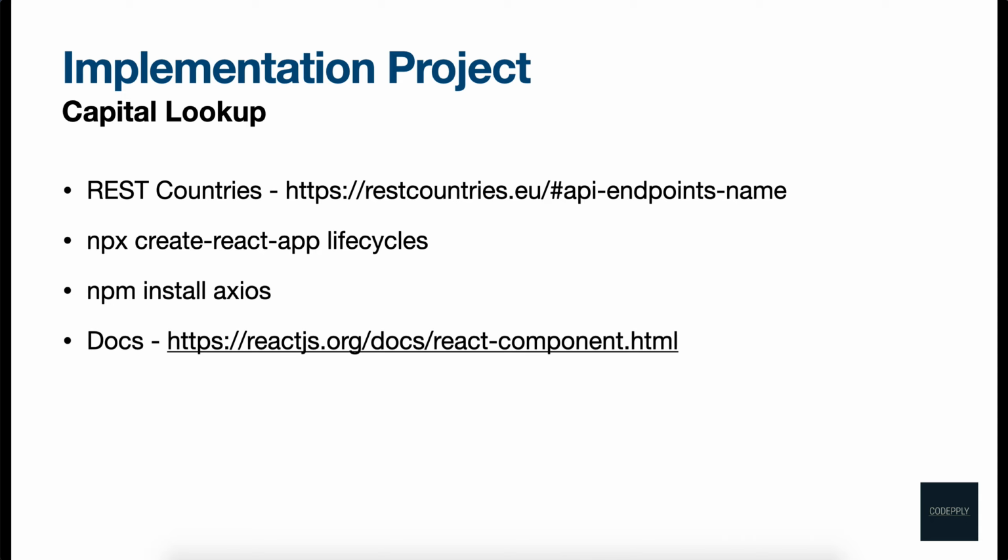We're going to use the create React app boilerplate and Axios to send requests. The details for this tutorial you can look up in the documentation, and I'll also leave it in the links. So let's go ahead and see the demo.